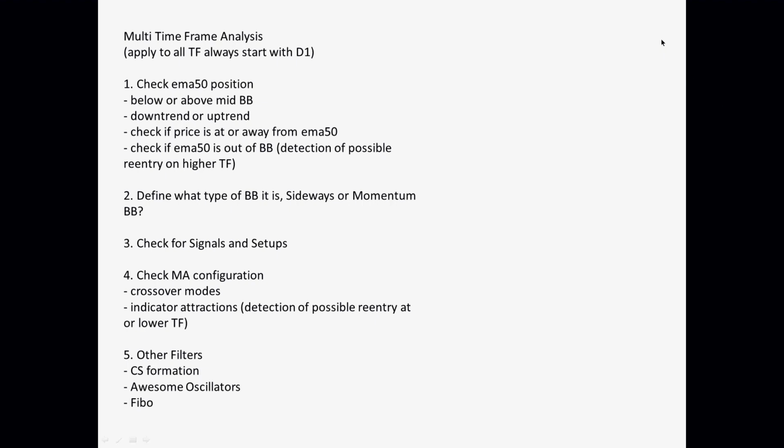Okay, so I think I'll let you guys choose what market you want to look at this morning. Can you give me a pair that we want to look into this morning?